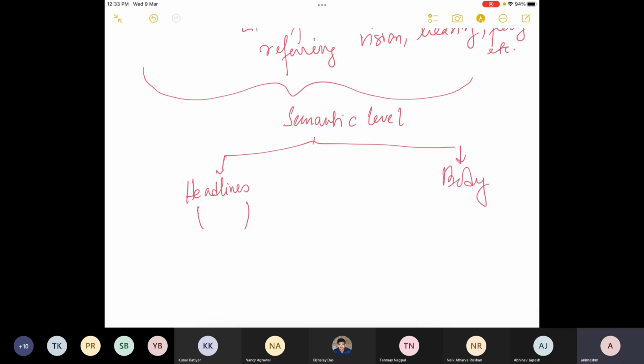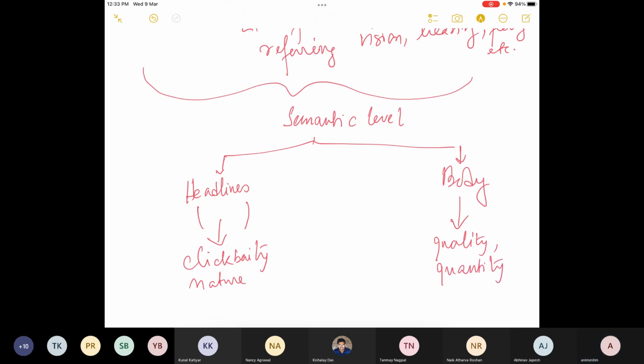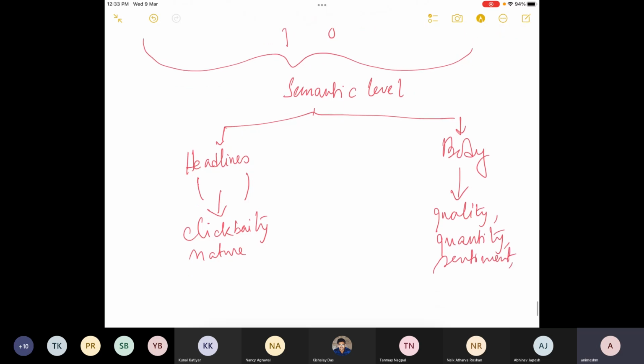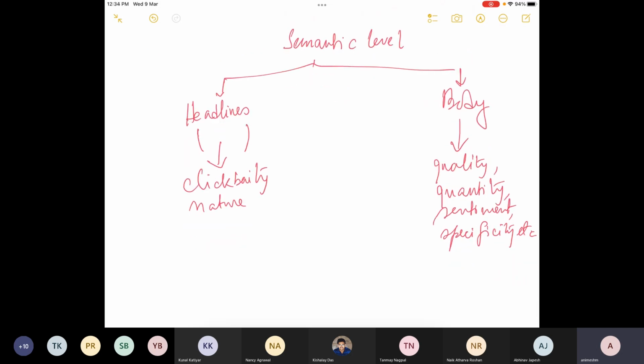Under headlines, we ascertain click-baity nature, and under body, we ascertain quality, quantity, sentiment, specificity, etc. So these were all the semantic levels. This is the largest body of features.